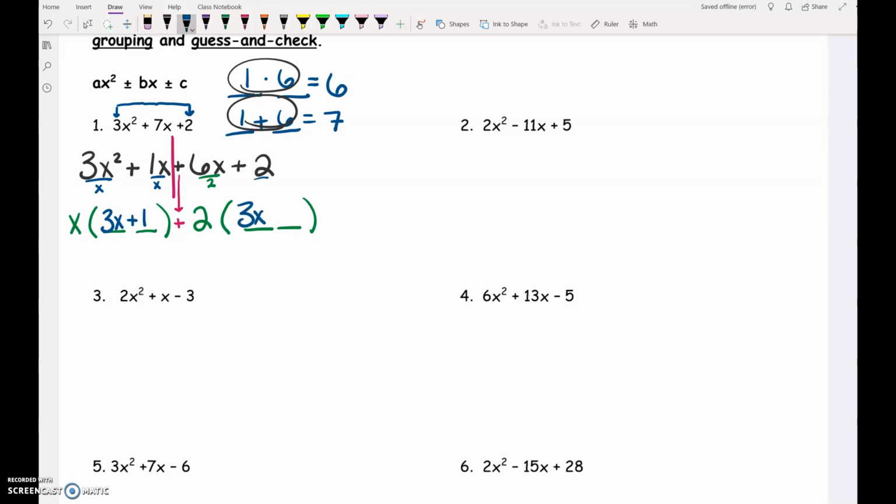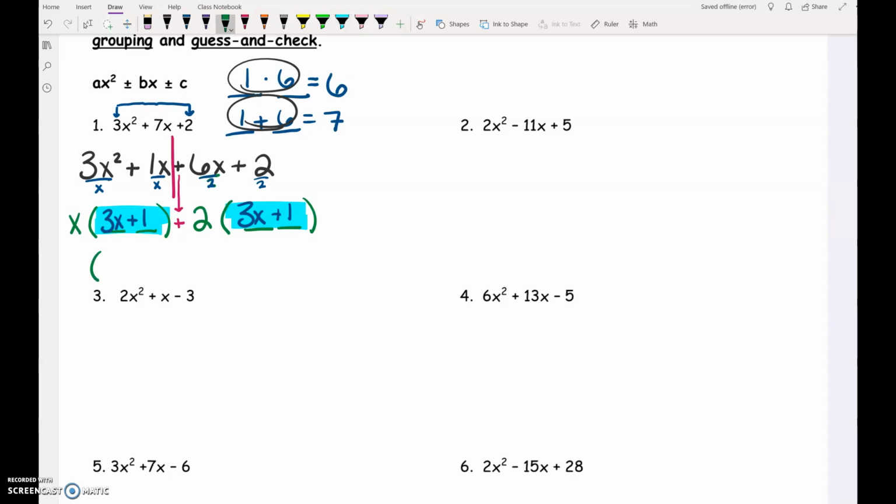And 2 divided by 2 is 1. Do you notice anything interesting about this and this? They are the same. If they are not the same, you did something wrong. They will always be the same.